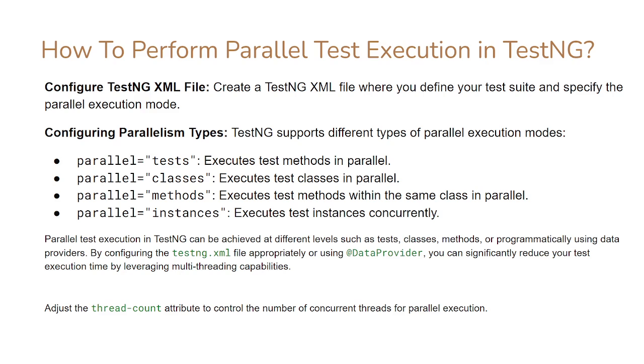TestNG supports different types of parallel execution modes, so you can give parallel tests, parallel classes, parallel methods, and parallel instances. So execution happens in parallel for all the test methods, then for all test classes, for all test methods, and for all test instances.